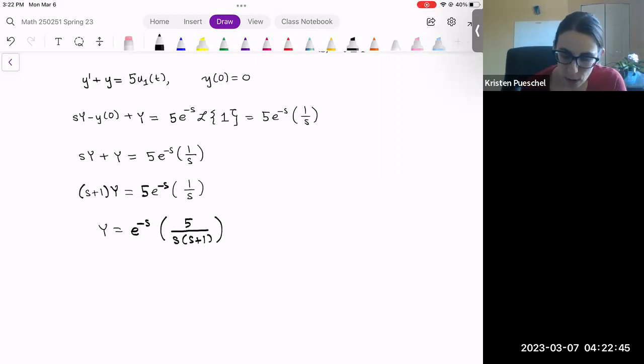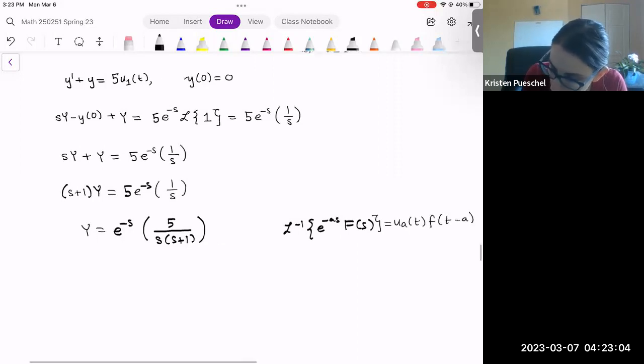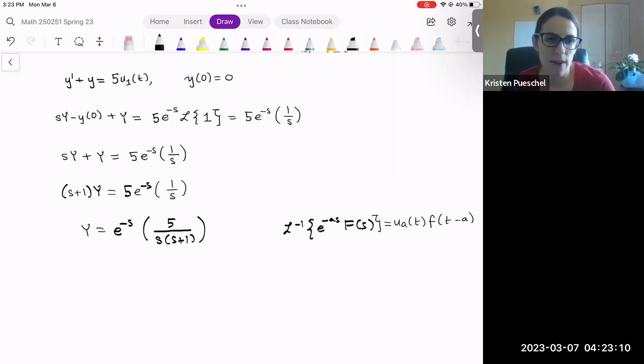Okay, now we want to use our reversal. So if you had e to the negative as times capital F of s, this is ua of t times little f of t minus a. Okay, our inverse Laplace transform of capital F that we then shift right by a.